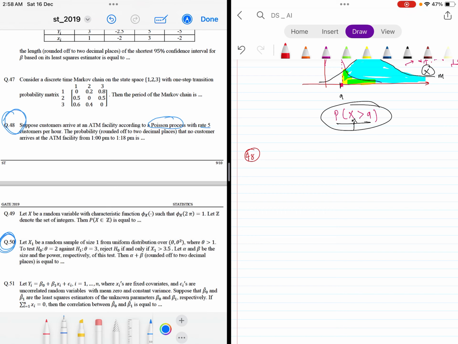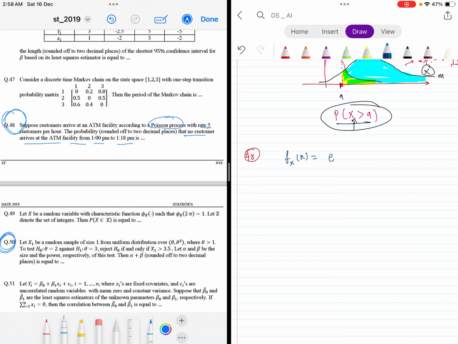We need the probability that no customer arrives at the ATM facility from 1 p.m. to... For that, first of all, what is the probability distribution function of the Poisson?